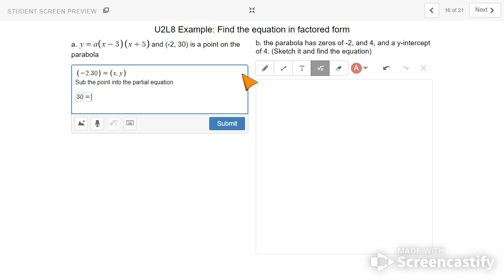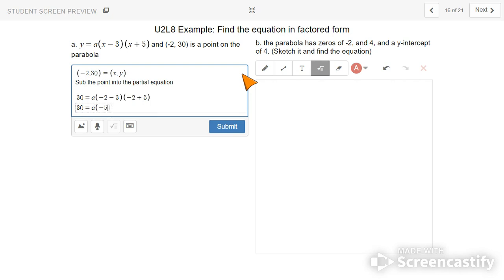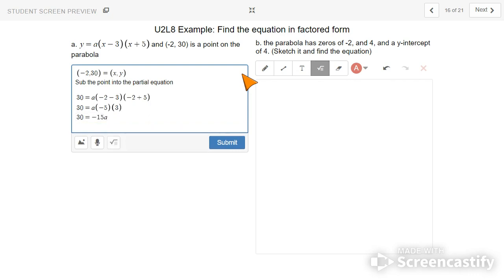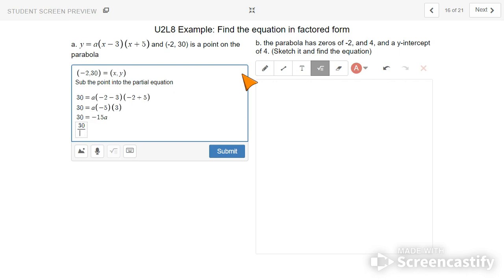So now we have 30 is equal to a times (-2 minus 3)(-2 plus 5). 30 is equal to a times negative 5 times positive 3. 30 is equal to negative 15a, and we're going to divide both sides by negative 15.